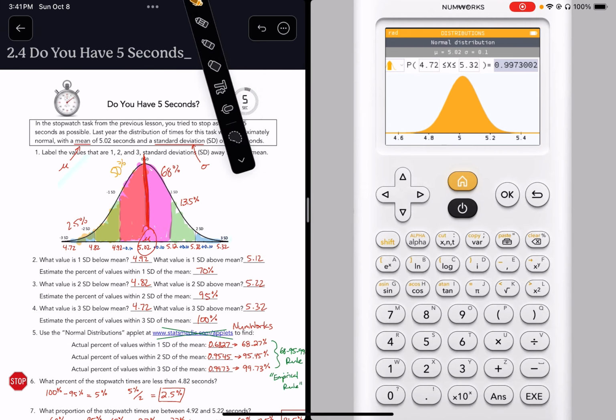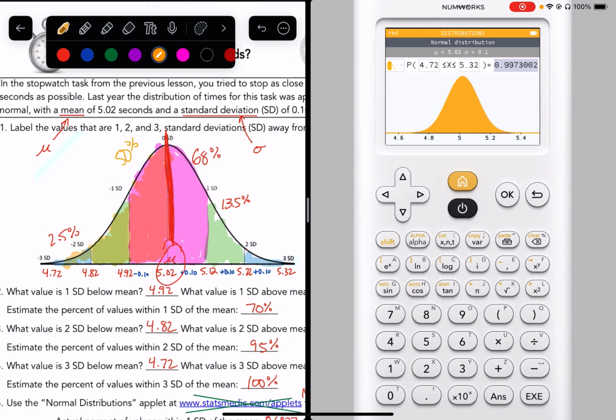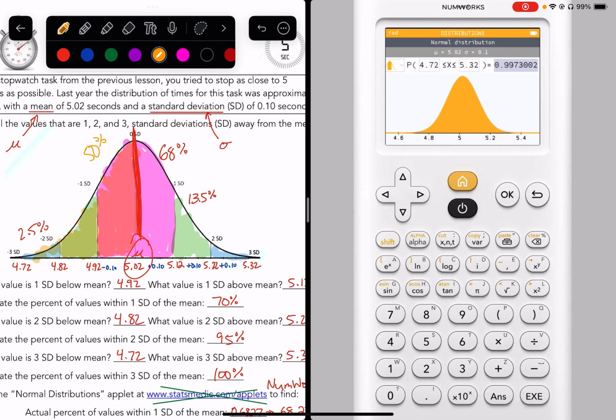So where did that other 34% come from? Well, again, let's think about this. We know that 68% of our data was in that middle. And so that means each of those sides, one standard deviation on the left, one standard deviation on the right, is half of 68. 68 makes up that whole pink set. So if I try to split it in half, I'm going to divide it by 2.